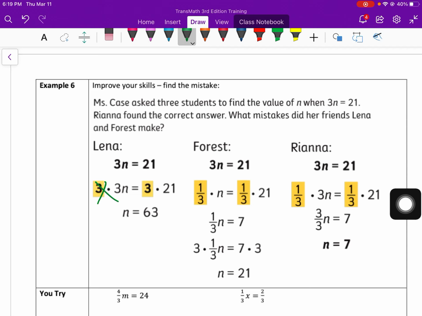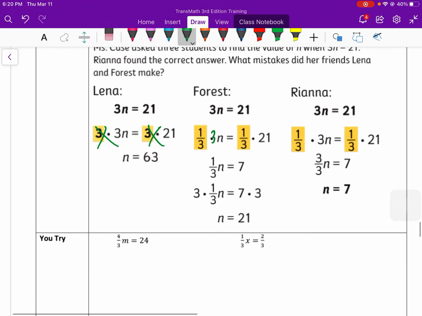We should not be multiplying by 3. Forrest did divide by 3, or she took the reciprocal and multiplied by a third, but there is no longer a 3 here. So when she simplifies, then she has 1/3 times n, when now it should have already simplified to just n. So she should have found that n equals 7.